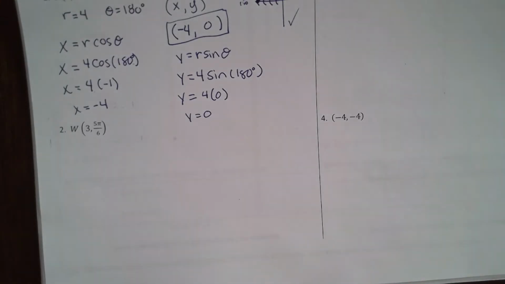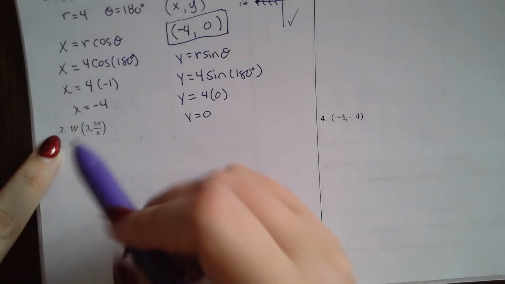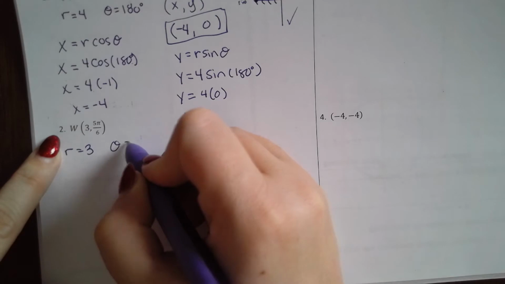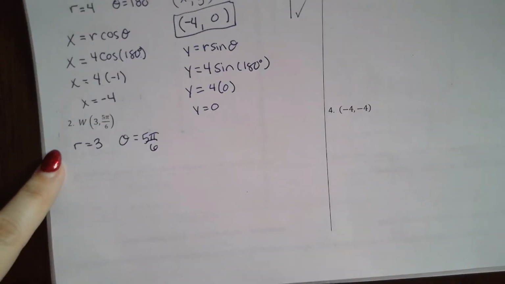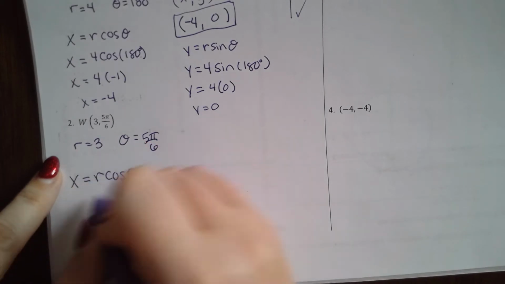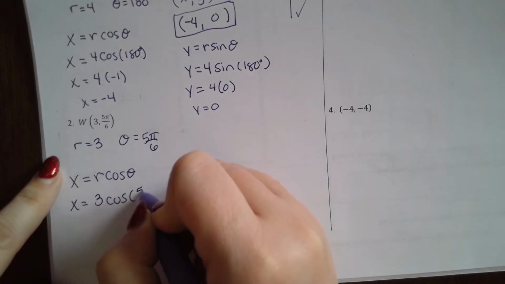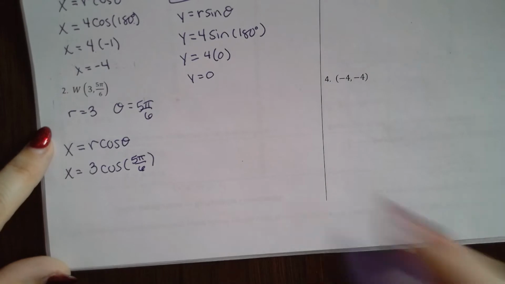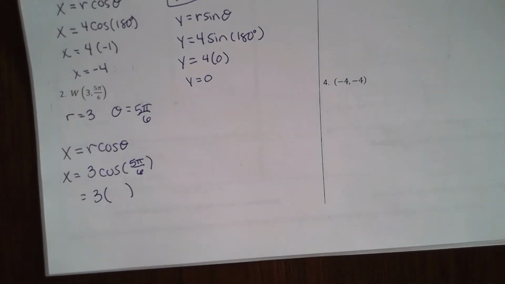Okay, so then number 2, W is (3, 5 pi over 6). So once again, r is 3, theta is 5 pi over 6, and I want to find x and y. So x is equal to r cosine of theta. Okay, so cosine of 5 pi over 6.